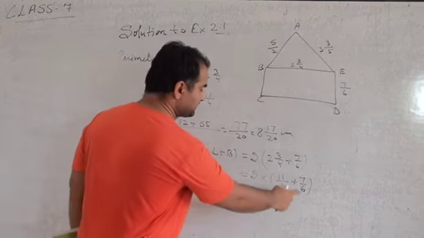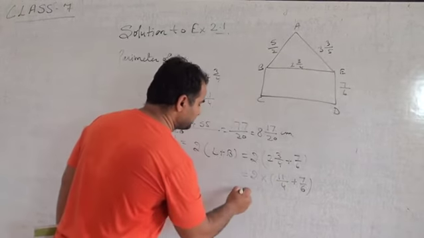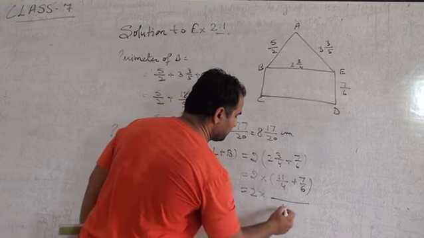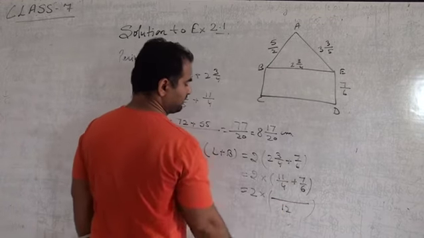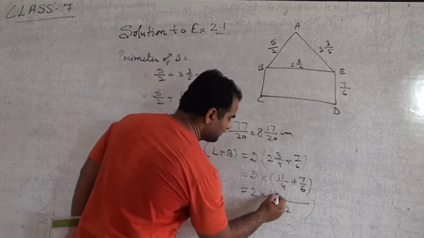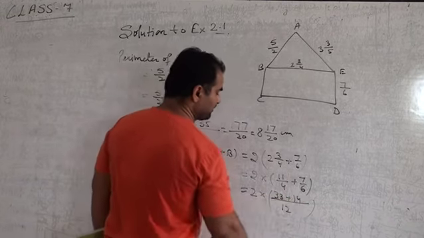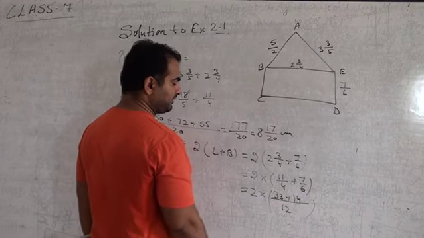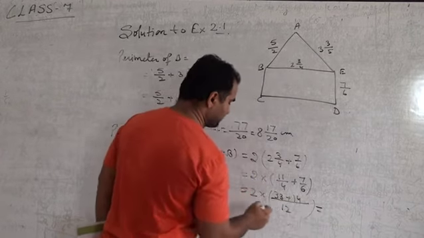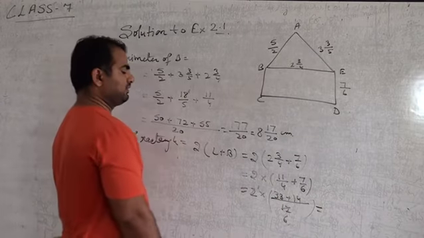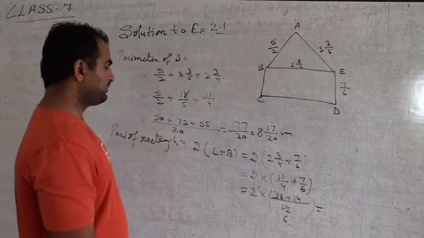What is the LCM of 6 and 4? The LCM of 6 and 4 will be 12. 4 3s are 12, so it will be 33, plus 6 2s are 12, it will be 14. 33 and 14 will be 47.